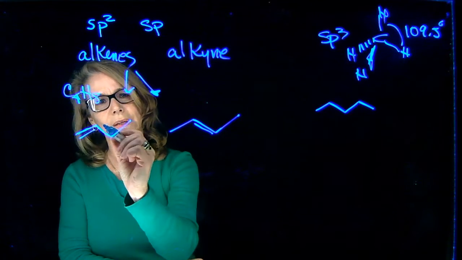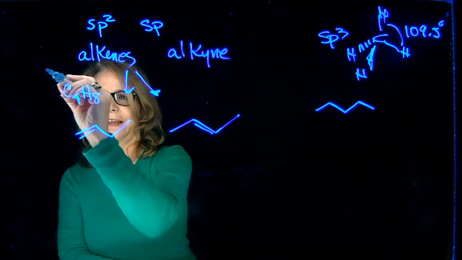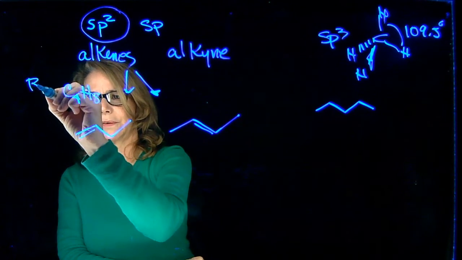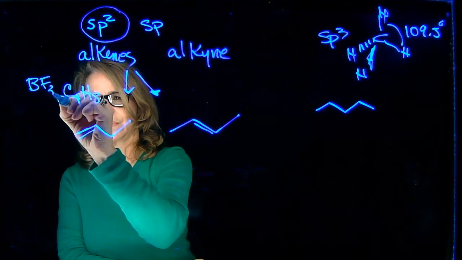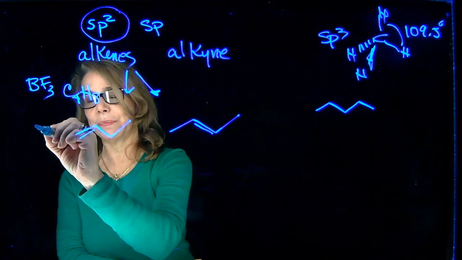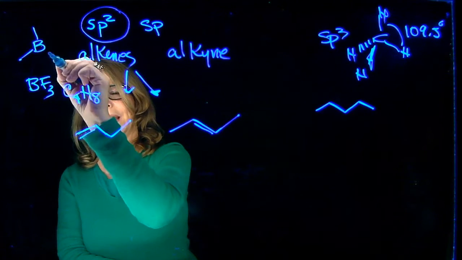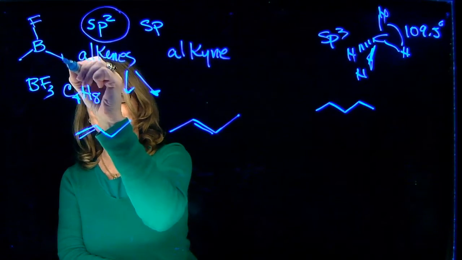And what I want you to notice is that in the sp2 hybridization model, say that we have BF3. Let's go back a little bit into Gen Chem. In BF3, we know that we have a boron, and this is sp2 hybridized.